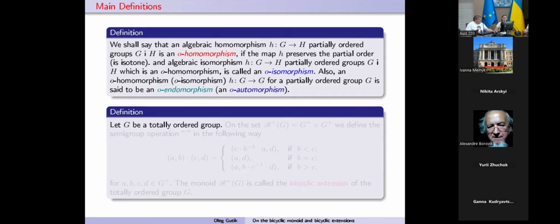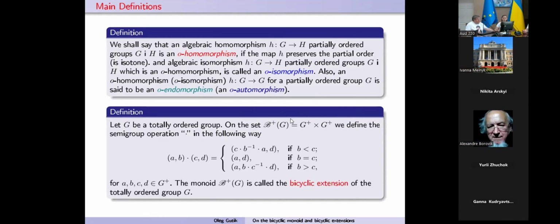If G is a totally ordered group, on the product of the positive cone squared we define the following operation.